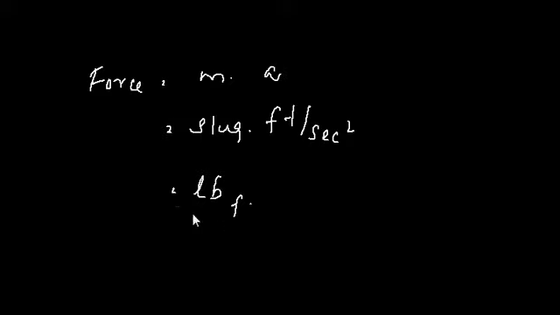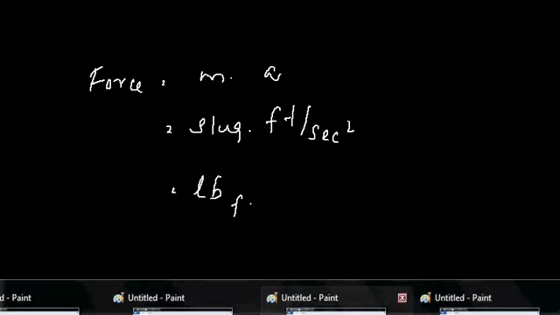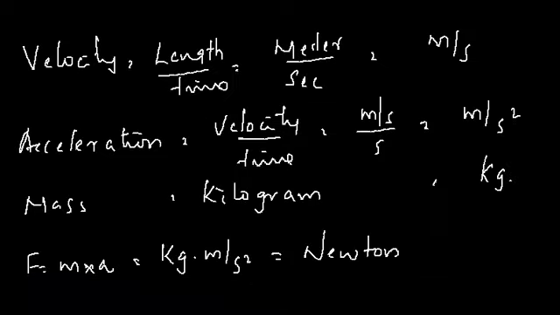So 1 pound force is the force required to move 1 slug at an acceleration of 1 feet per second square in imperial system, which is very similar to Newton, where 1 Newton is the force required to move 1 kilogram at an acceleration of 1 meter per second square.